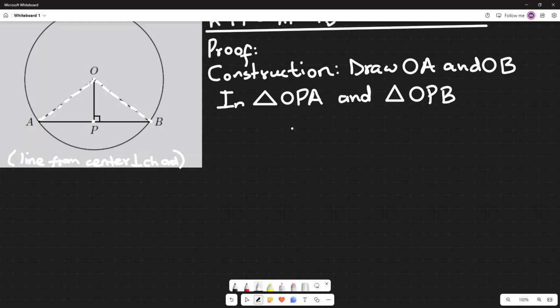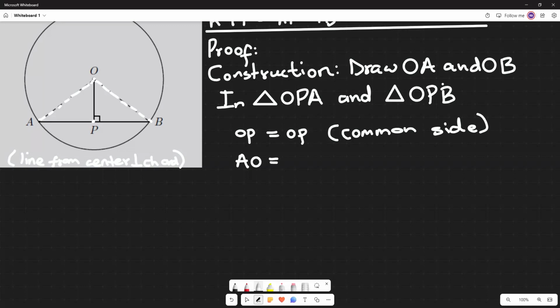All right. And then you can see that OP is equal to OP because it's a common side between the two triangles, so it's going to be the same. So we're going to say common side. And then we know that AO or OA will be the same as OB. You can see the OA and OB are the same.